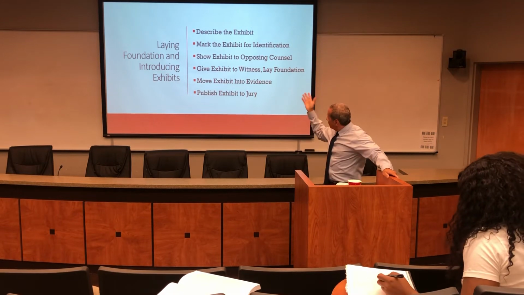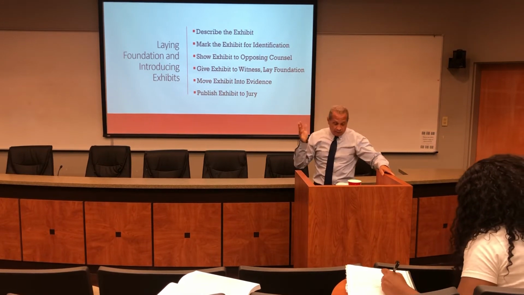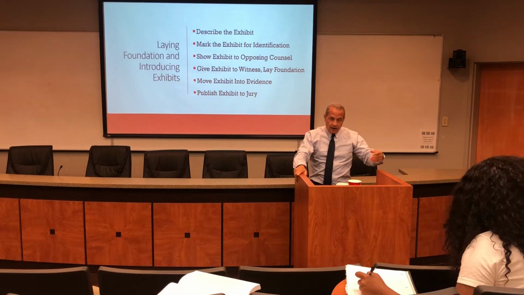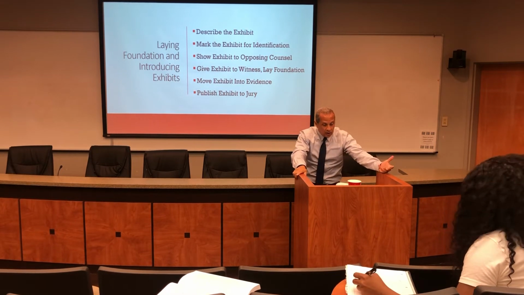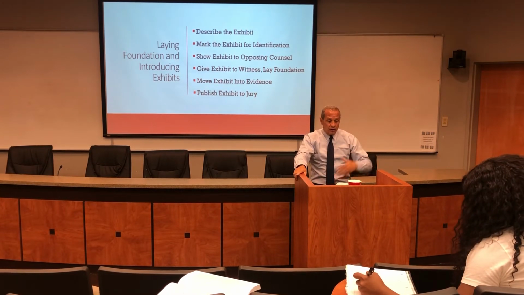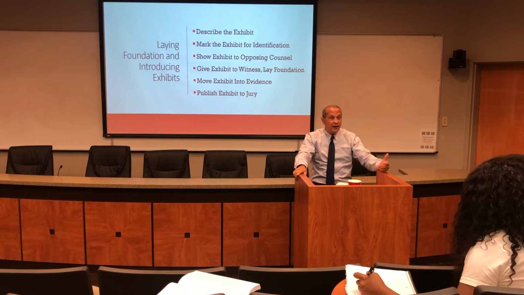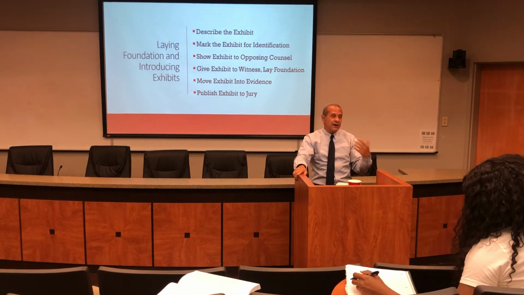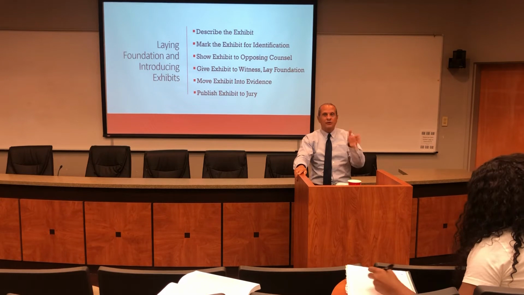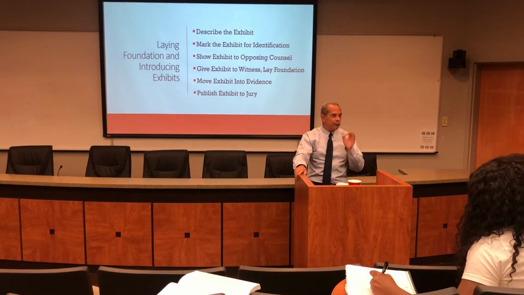So the next step up here is to mark the exhibit for identification. And you need to ask leave of court to approach the clerk to have the exhibit marked for identification. Now, obviously, that's not going to be necessary if the exhibits are pre-marked. And in many, many courts today, most of the exhibits are going to be pre-marked.